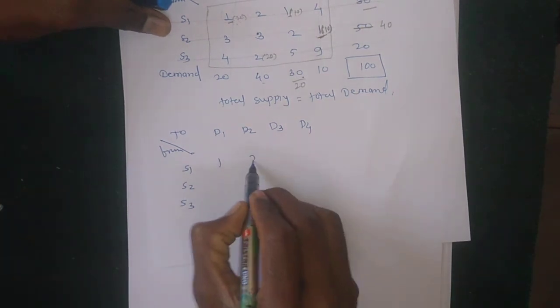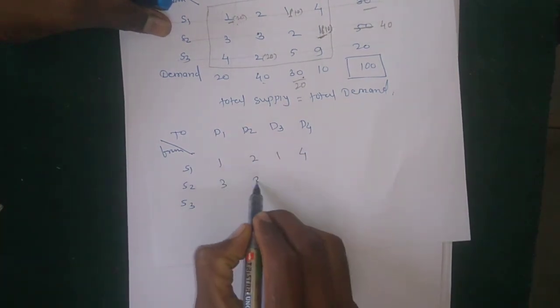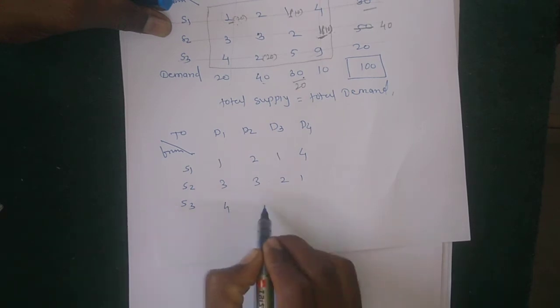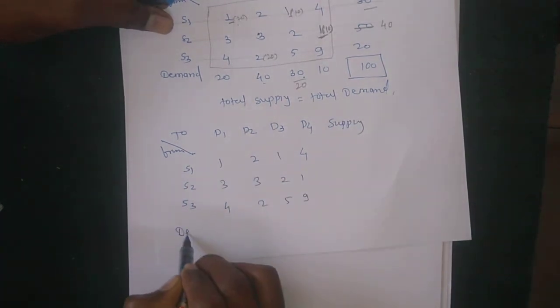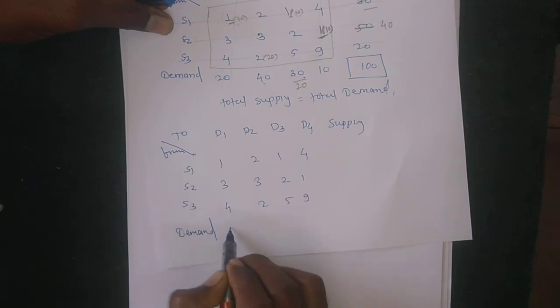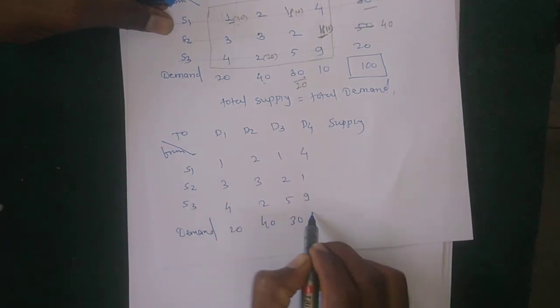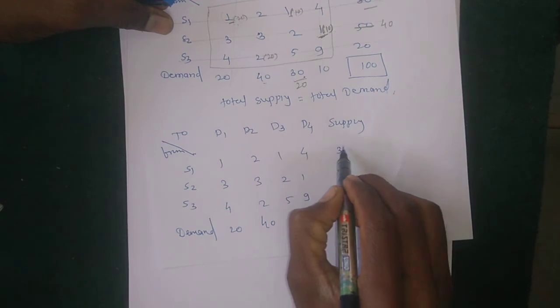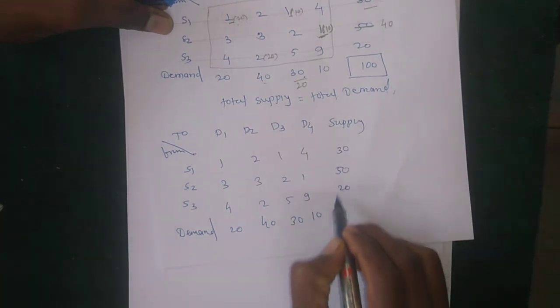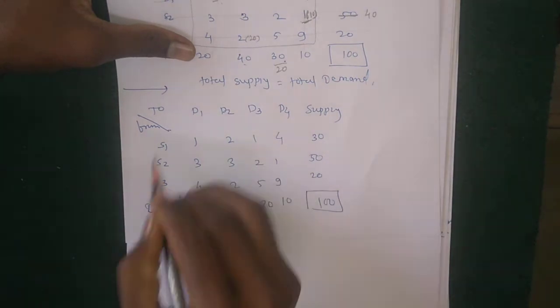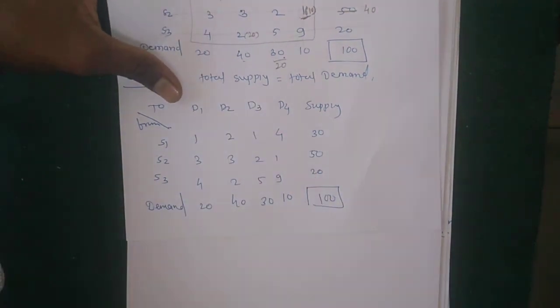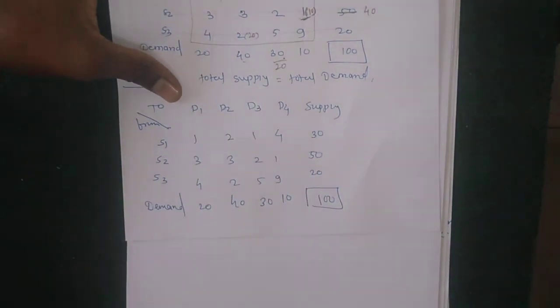The costs are 1, 1, 2, 1, 4; 3, 3, 2, 1; then 4, 2, 5, 9. The supply and demand are 20, 40, 30, 10 and 30, 50, 20. In this way we select the minimum number in the given transportation problem where the maximum allocation can be made.